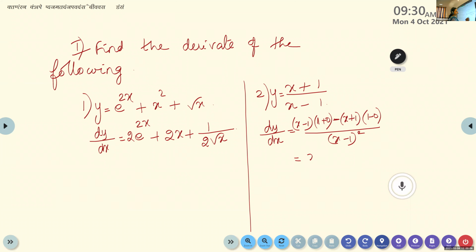So it will be x minus 1 minus x minus 1, by x minus 1 the whole square. Plus x minus x will get cancelled. This minus 2 by x minus 1 the whole square.